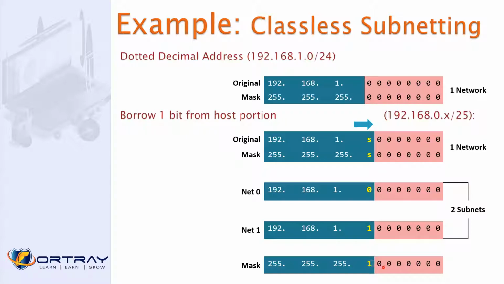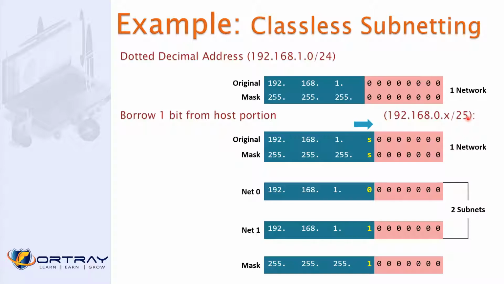Whenever you do this division, you need to recalculate the subnet mask as well, because now you borrowed one bit from the host portion. It is part of the network portion now. So basically the subnet mask will change. This is called a custom subnet mask. Previously, if this was /24, the class C default subnet mask, now it will be /25.